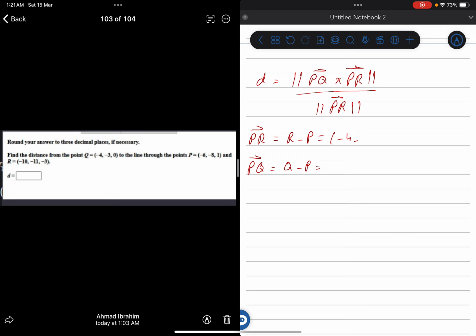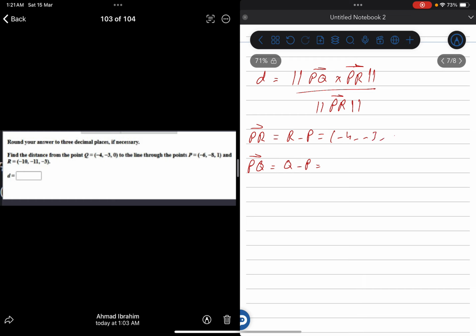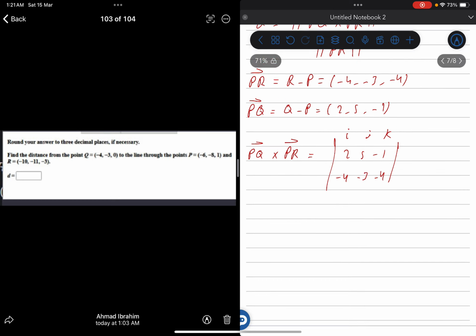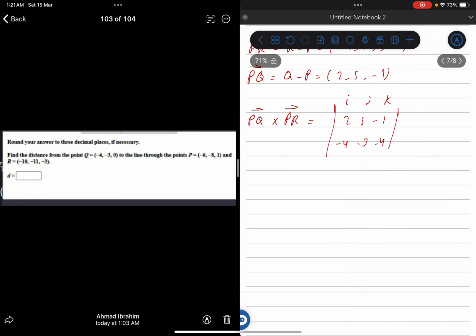It will be negative 4, negative 3, negative 4, and here 2 5 negative 1, and then you will get PQ cross PR. It will be IJK, PQ, which is 2 5 negative 1, negative 4, negative 3, negative 4, and we use it.